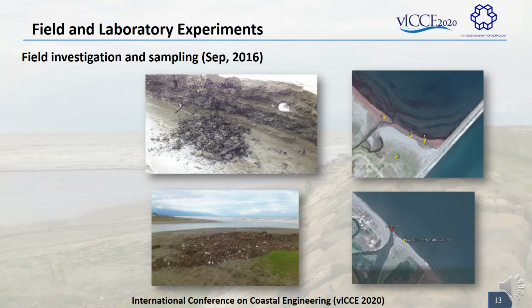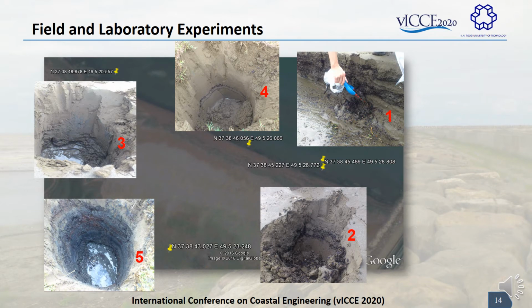Okay, for field investigation, we chose 4 stations on the beach and 1 station at the entrance of the nearest river upstream of Paresar. The samples were selected, and here you can see the details of the holes.